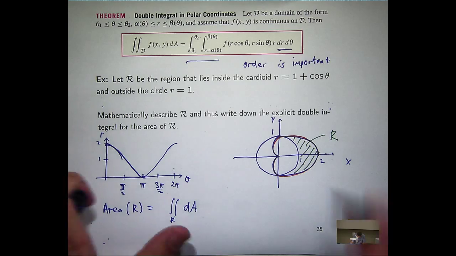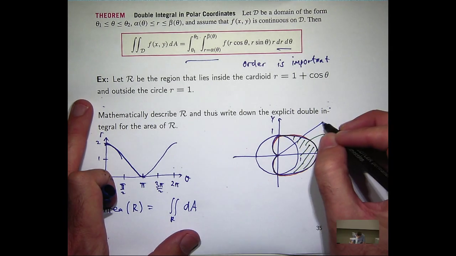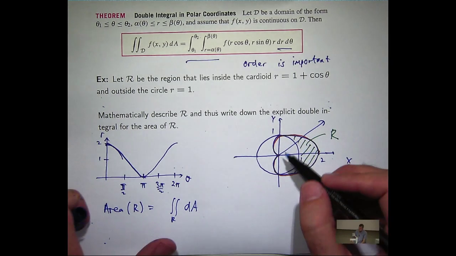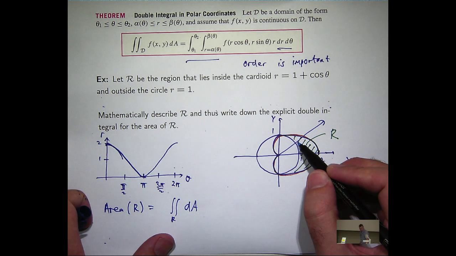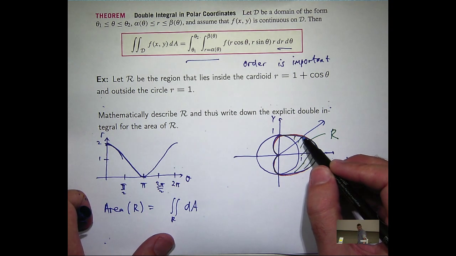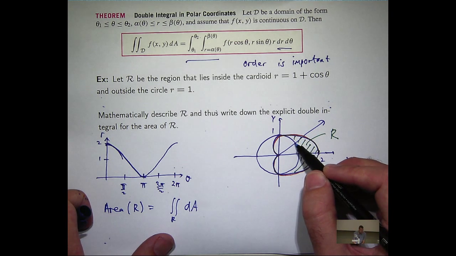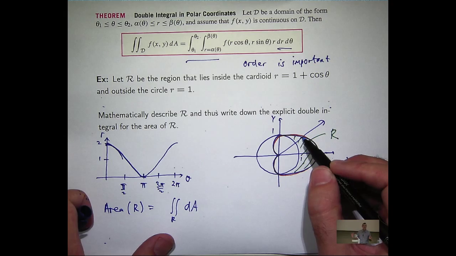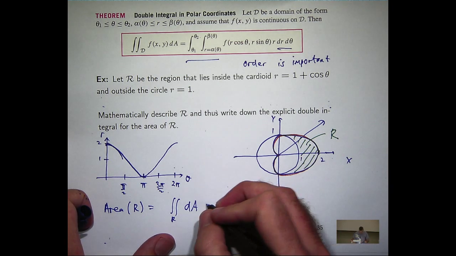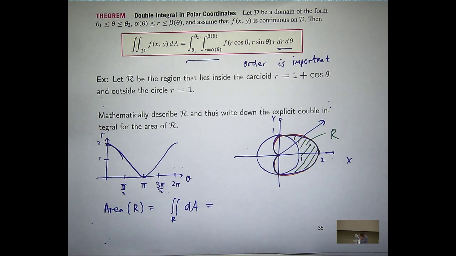Well, if I draw this line, it enters the region at r equals 1, and it leaves the region at r equals 1 plus cosine theta. So that's a pair of the limits of integration.